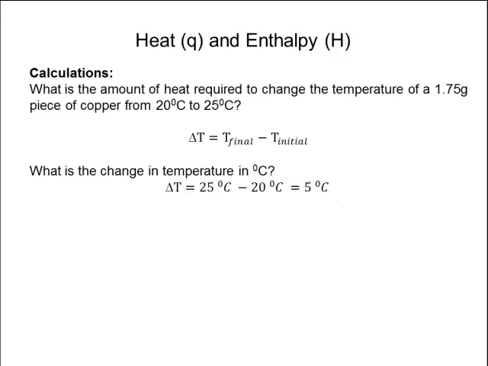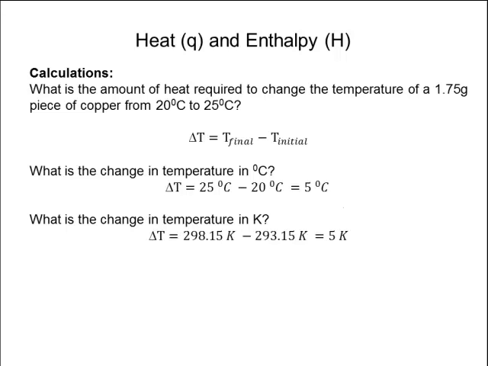What if I wanted to calculate that change in temperature in Kelvin? I can convert my degrees Celsius to Kelvin by adding 273.15. My delta T would be 298.15 Kelvin minus 293.15 Kelvin, which gives me a change of 5 Kelvin.